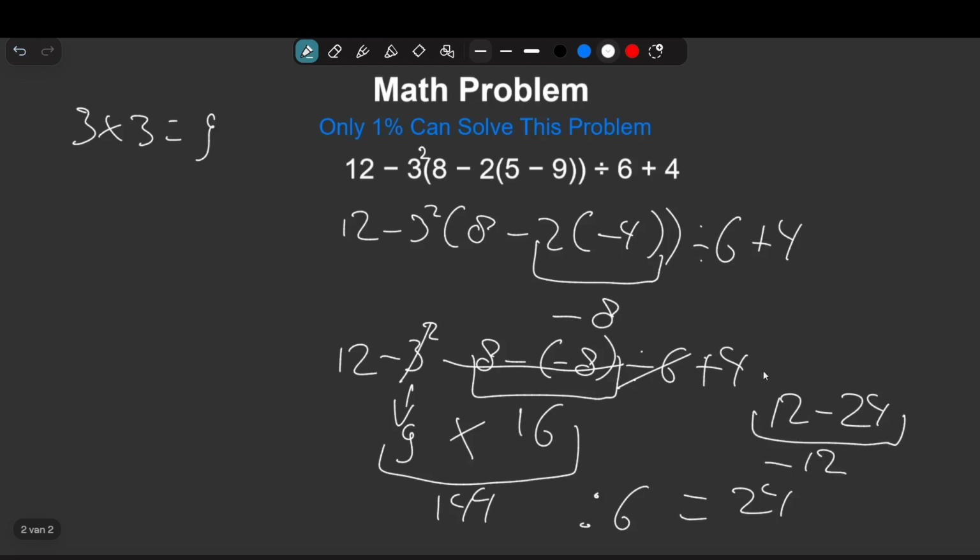And now our last operation, which is plus 4. Oh, my bad, guys. We're going to do minus 12 plus 4, and this is going to equal minus 8. And this will be our final answer. So the answer is going to be minus 8.